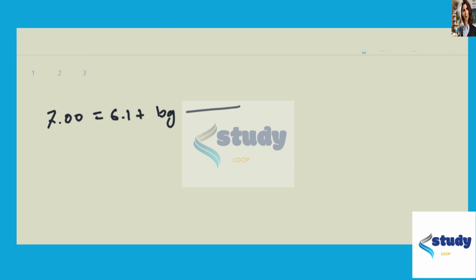So our number of moles of base here is 0.12 minus x, and number of moles of acid here is 0.006 plus x. So if we solve this equation for x, we will have the value of x as 0.0082.